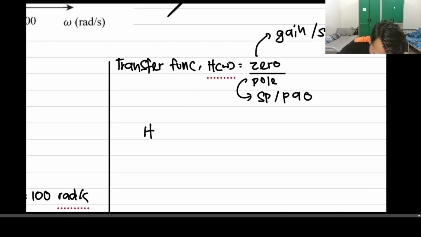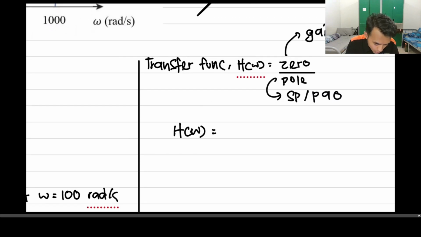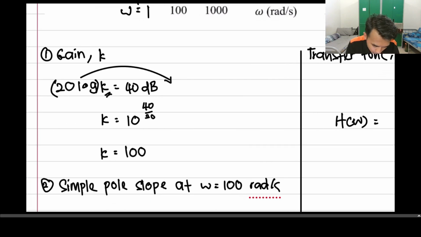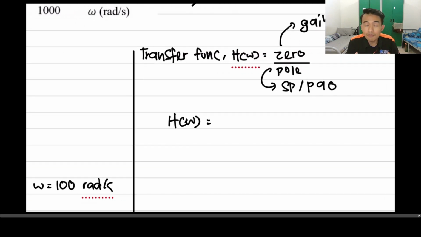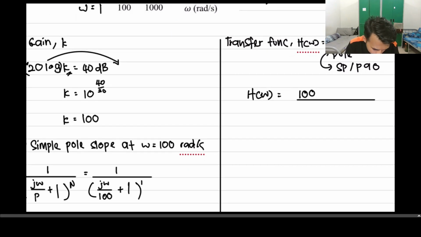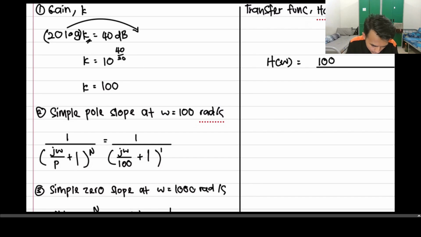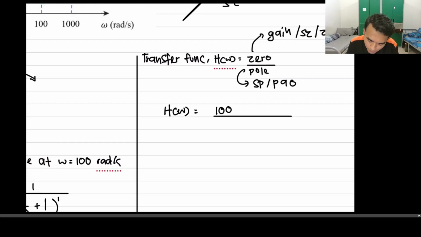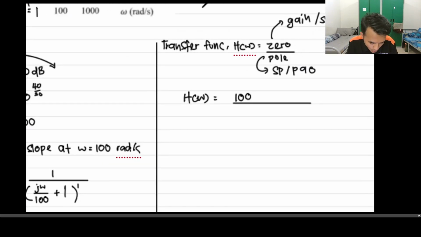So we write it down, H(ω) equals, so first we look at the gain. So the gain is 100 and the gain must be put inside the numerator. So 100. The second one is simple pole, and the simple pole must be put inside the denominator.